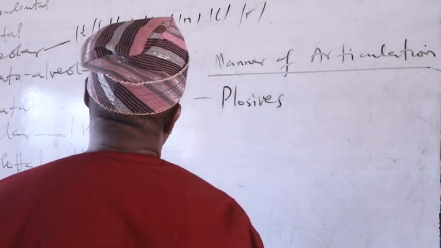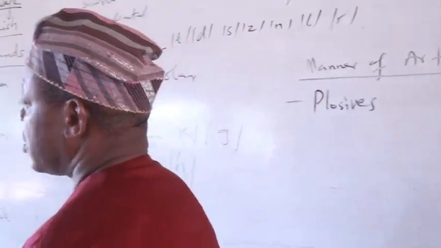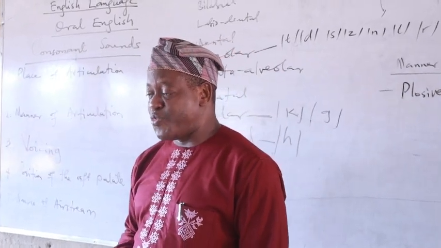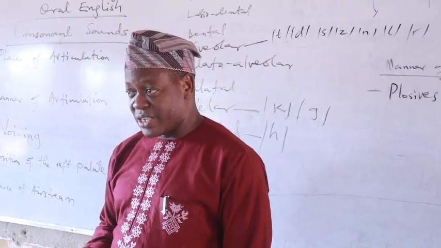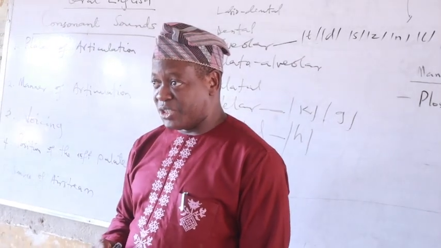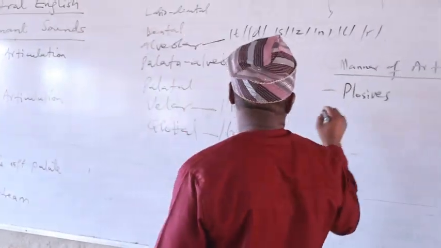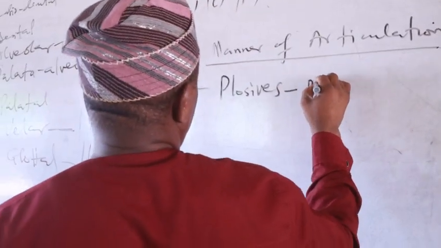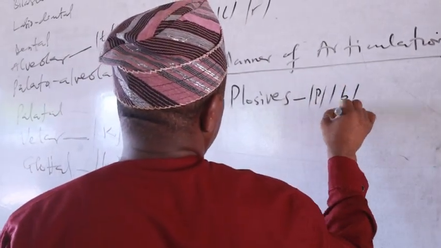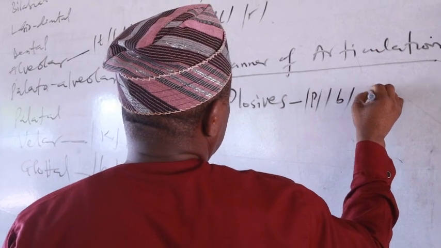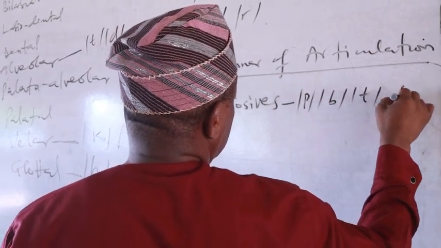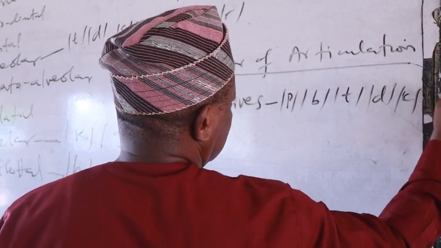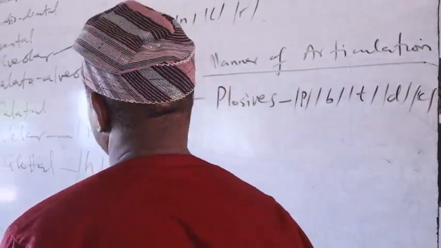When we say plosive sound, from the word explode, sounds like B, G.